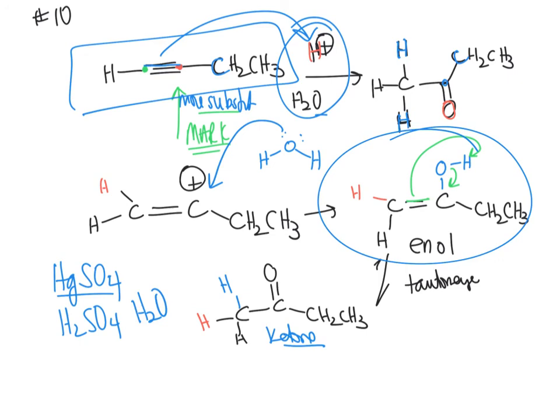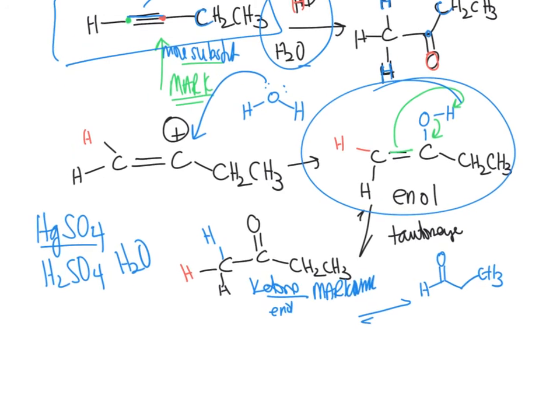Well, the one that they gave is Markovnikov, and that's what you would get. They're saying draw the enol. So what's that enol that would lead to that product?